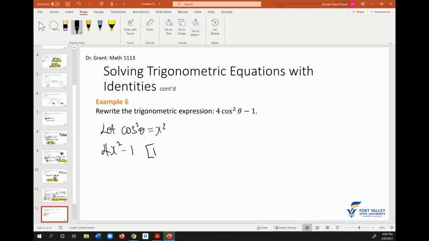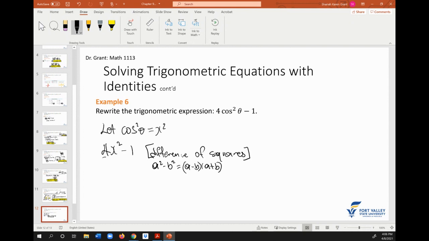Hopefully we remember difference of squares. So with difference of squares, recall this means that if you have a squared minus b squared, it's going to be a minus b times a plus b.